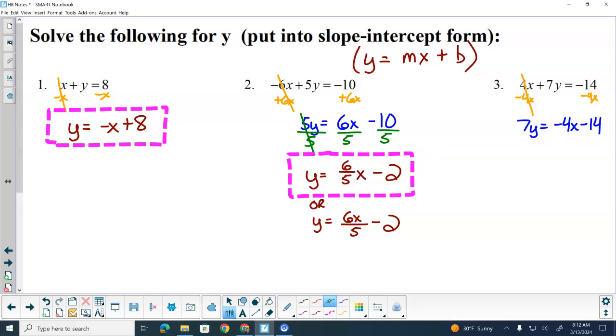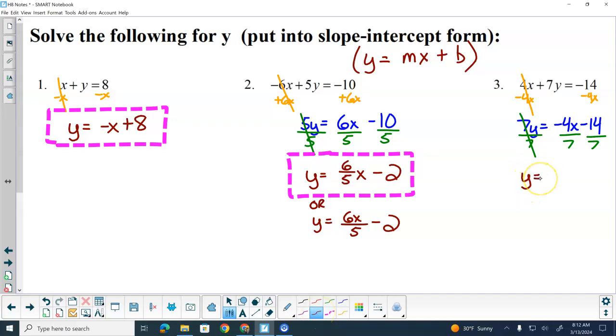I want your y by itself. There's no 5 in this problem. Divide by 7. Now, we have a quandary, a problem, an issue.